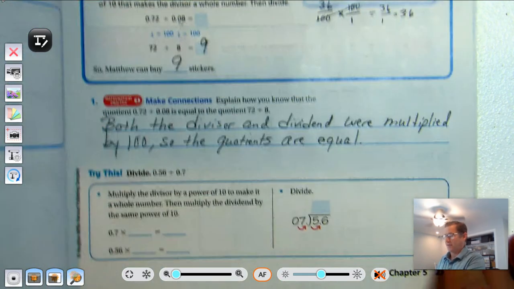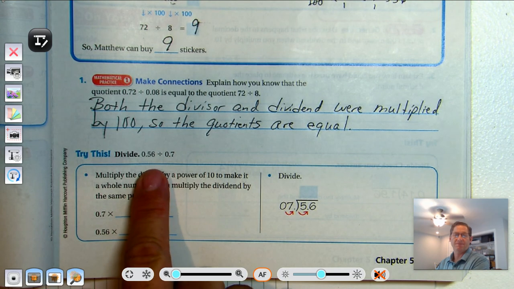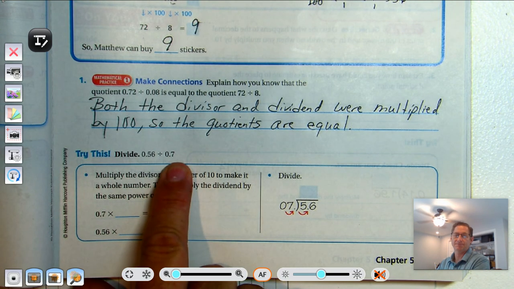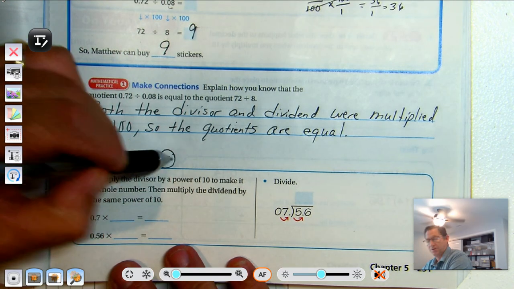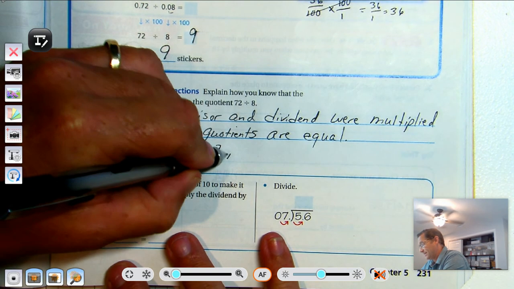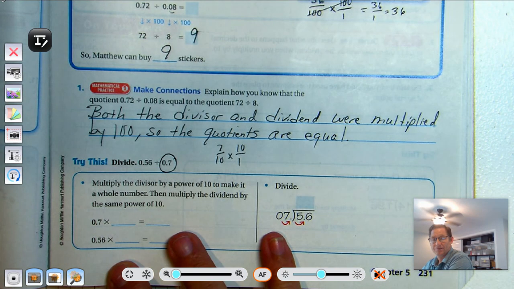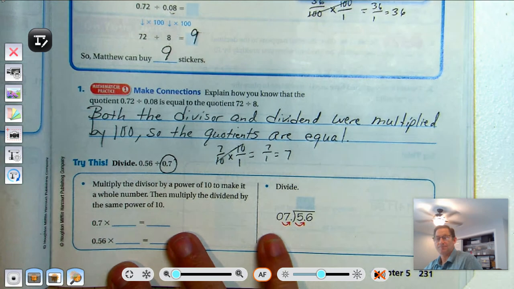All right, so let's look at the try this question. We have 56 hundredths divided by 7 tenths. Now, we want to make the divisor into a whole number. So 7 tenths times 10 would give me 7.